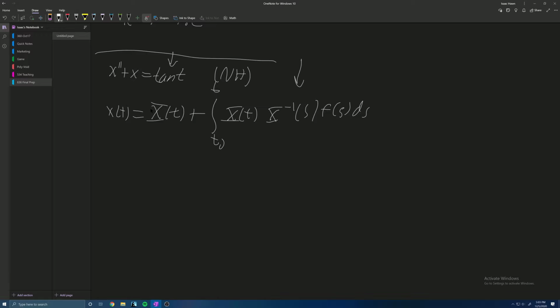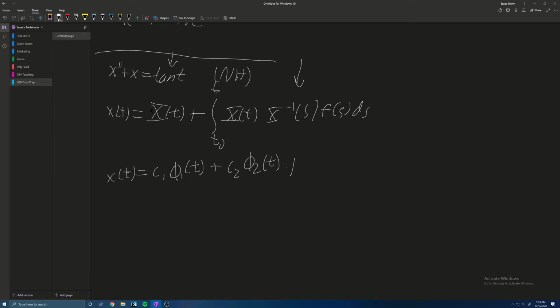This solution is actually going to be something like x of t equals c1 phi 1 of t plus c2 phi 2 of t. It's a theta. We draw phi there.